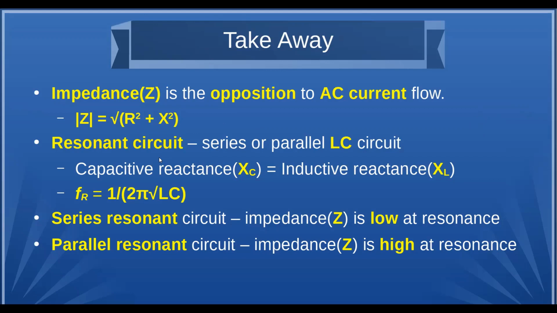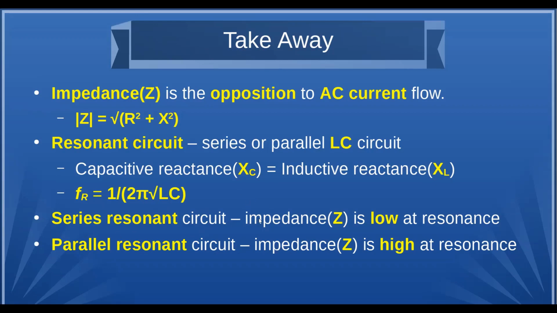The resonant circuit, test question, is composed of series or parallel LC components. Capacitive reactance is equal to the inductive reactance when it's resonant. There's the formula again, which is the reciprocal of the radians times the square root of the product of inductance and capacitance.